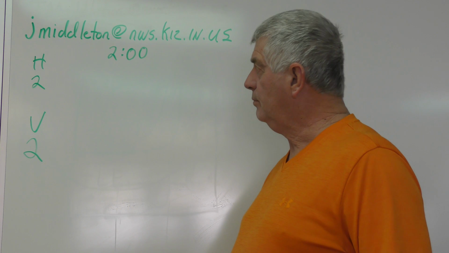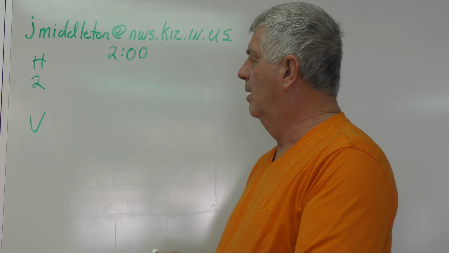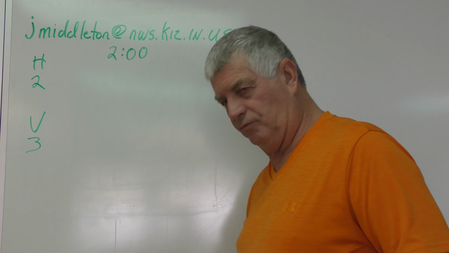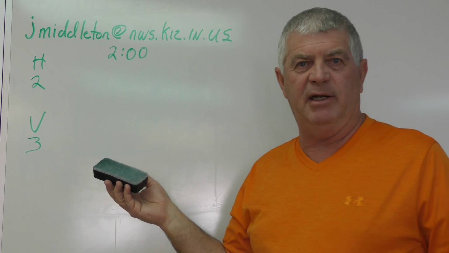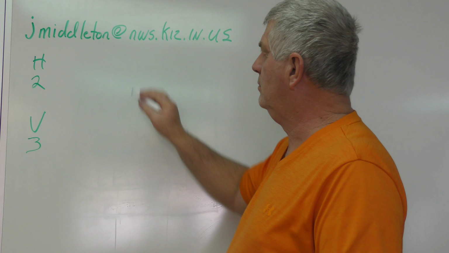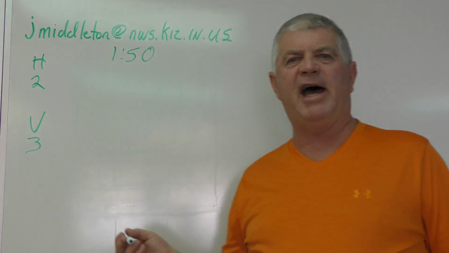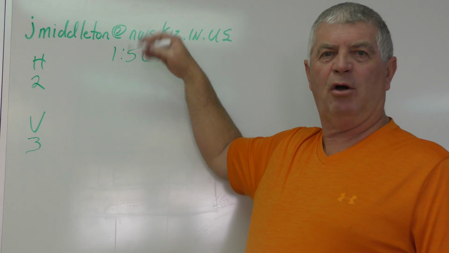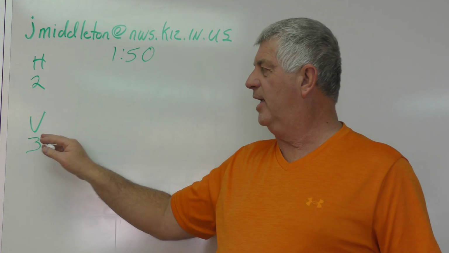So, let's say for instance here that the visitors have 3 timeouts, and going into the last 3 minutes, the clock runs down to 1:50, and the ball goes out of bounds, and it belongs to the visitors, and we haven't had our last mandatory yet, so a mandatory is called and they get charged for it.